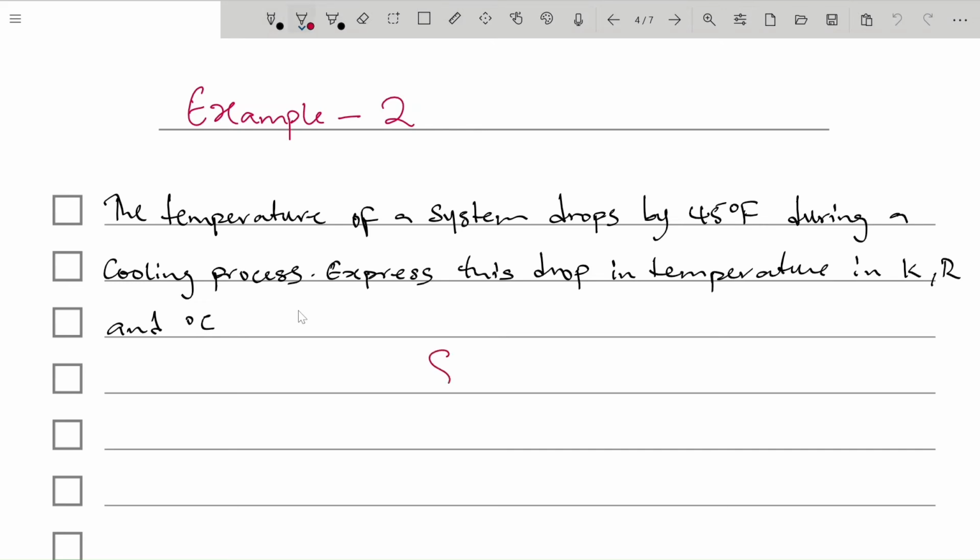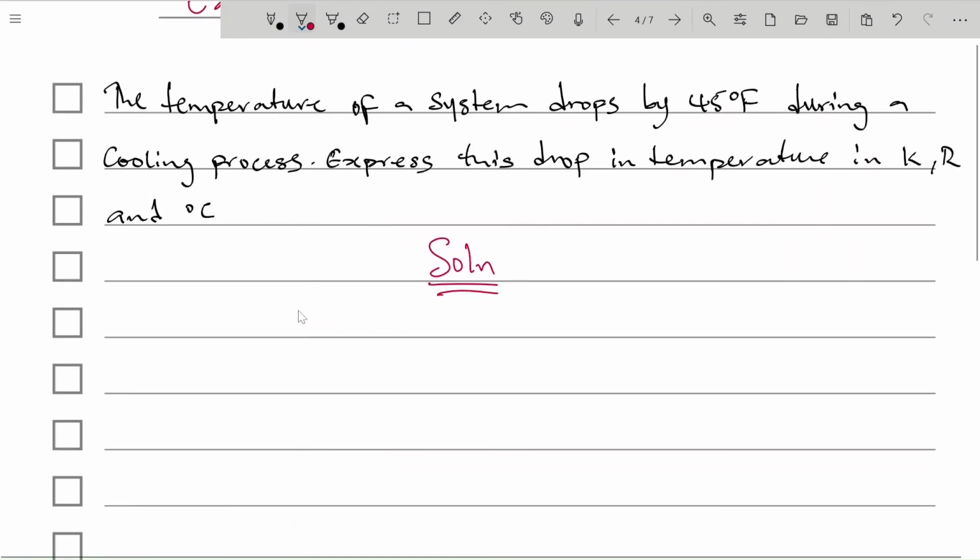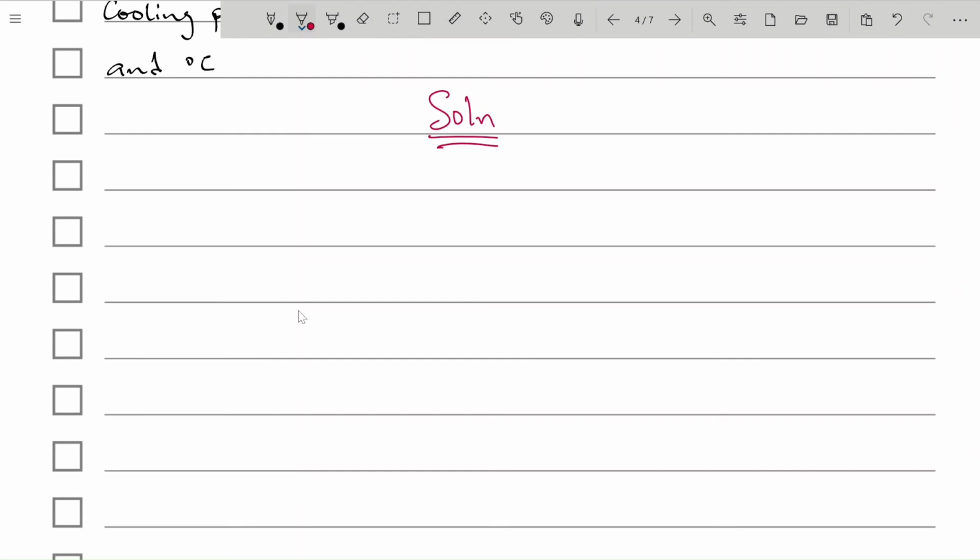Solution. Guys, if you notice from our previous example, I said that the magnitude of each division of 1 Kelvin and 1 degree Celsius are identical. Likewise, the magnitude of each division of 1 Rankine and 1 degree Fahrenheit are also identical.